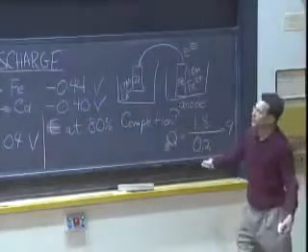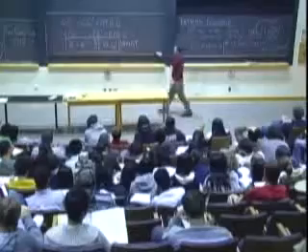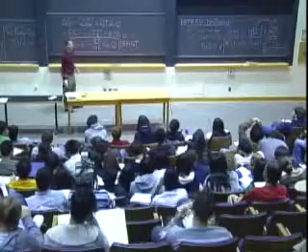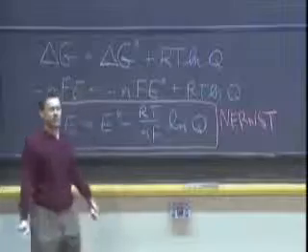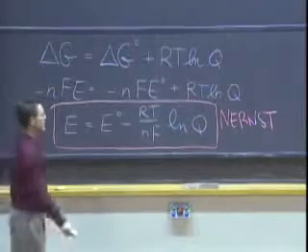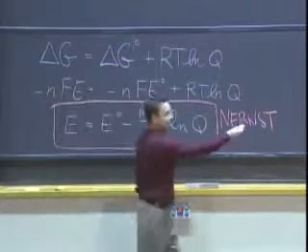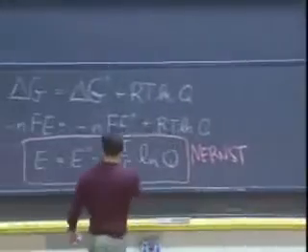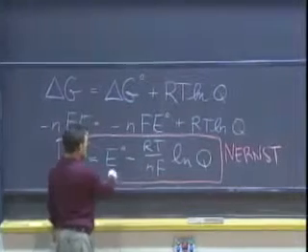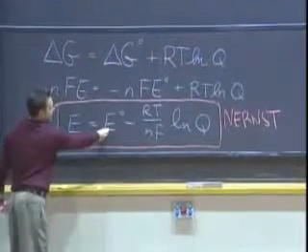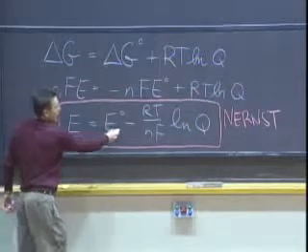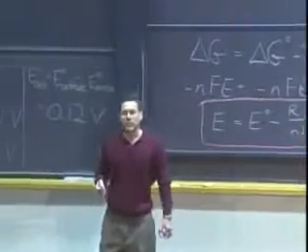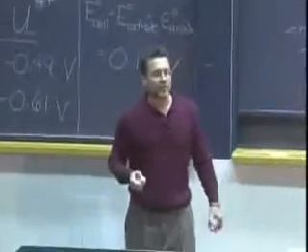Q is equal to 9. So T will be 298.15 Kelvin. F is the Faraday constant, the number of coulombs per mole. And because in the half reactions 2 electrons are transferred, n is equal to 2. So if you plug in, you have E0 is 0.04, minus RT over nF ln of 9, and that will give you the potential at 80% completion.